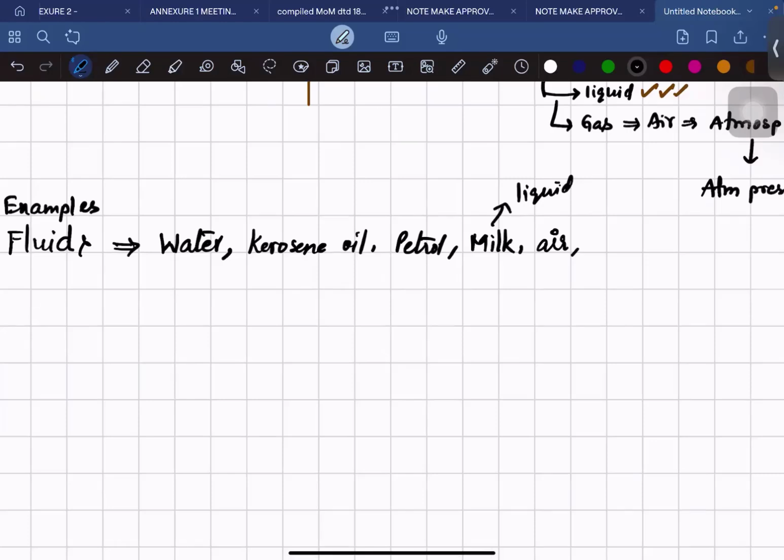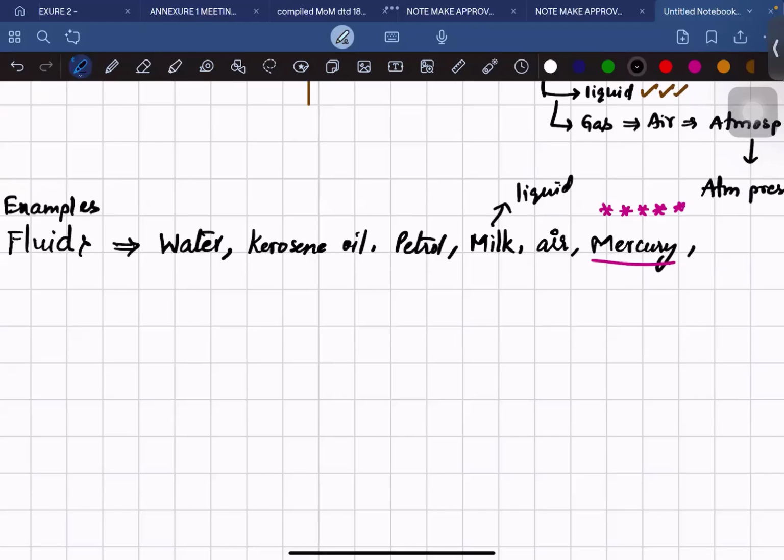Proceed. Then, mercury. Perfect. Mercury is also a fluid, which is a very famous liquid that has been used in fluid mechanics, especially. You can see it in the thermometer, in the manometer. In most of these things, they use mercury. Why do they use mercury?